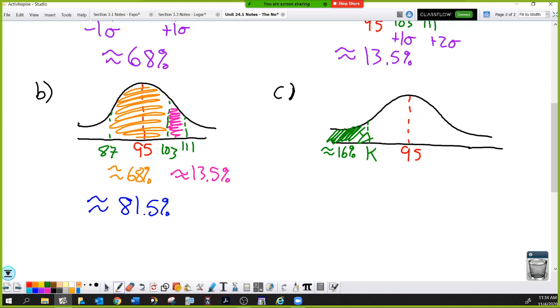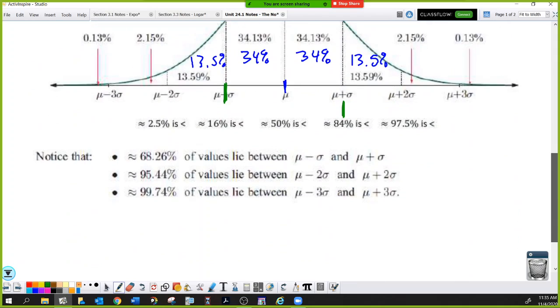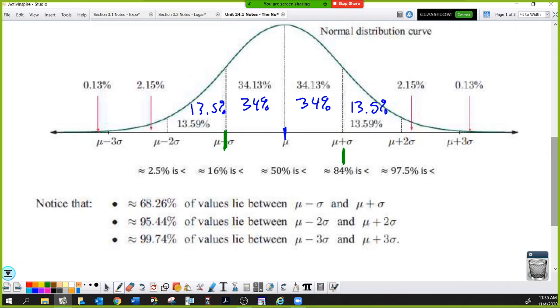So what I need to know is what represents about 16% to the left? One standard deviation to the left would be 50% minus 34%. Between the mean and one standard deviation, on either side, is 34%. So if here's 50, to the left of that is 50, and then this area is 34, to the left of this must be 16, because 16 and 34 makes 50.